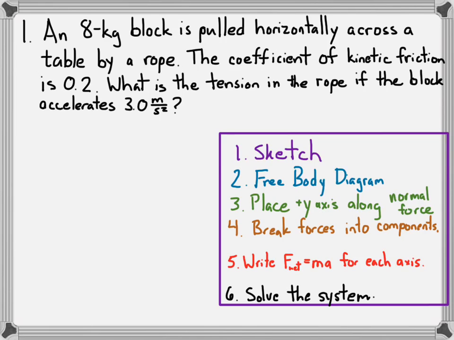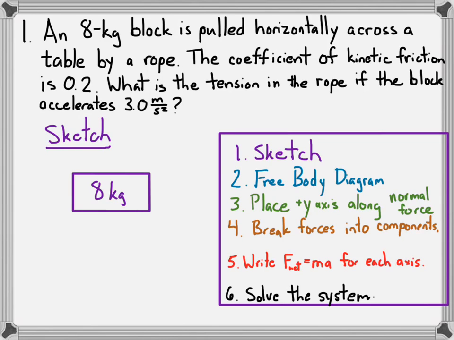So let's apply the 6-step process to this problem. First thing I want to do is draw a sketch. As I read through the problem, it says an 8-kilogram block, so that sounds like the object of interest. I'm going to draw an 8-kilogram block right away. Then I go back to where I left off.